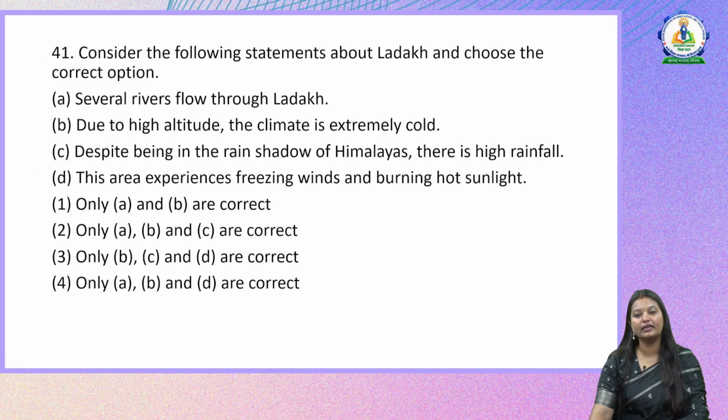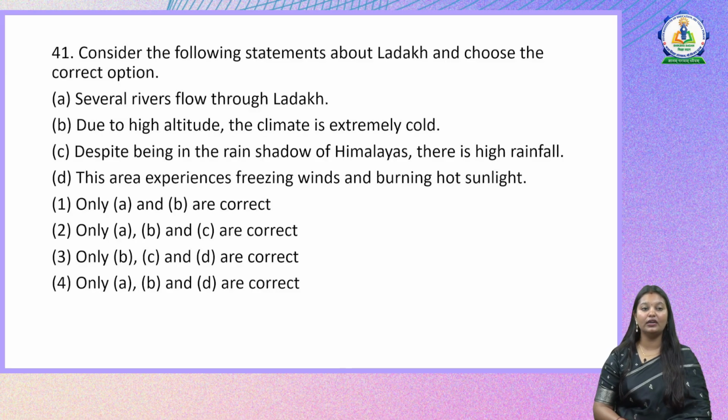Consider the following statements about Ladakh and choose the correct option. Several rivers flow through Ladakh. Due to high altitude, the climate is extremely cold. Despite being in the rain shadow of Himalayas, there is high rainfall. This area experiences freezing winds and burning hot sunlight.